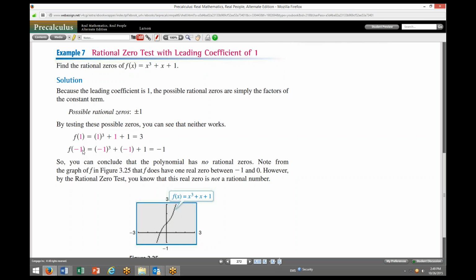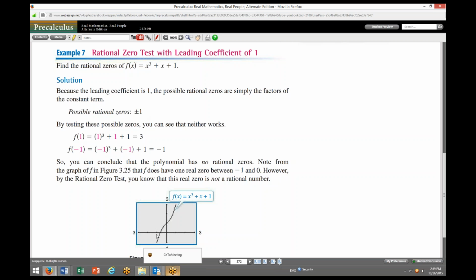F of negative 1 is negative 1 to the third plus negative 1 plus 1. Well, that's negative 1 plus negative 1 plus 1, which is negative 1. It's still not 0. So neither 1 nor negative 1, the only possible rational zeros for that polynomial function, is actually a zero. And that tells us that the polynomial has no rational zeros.